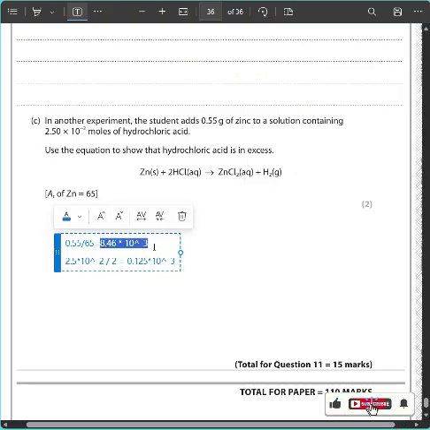And we can easily see that hydrochloric, one minute.